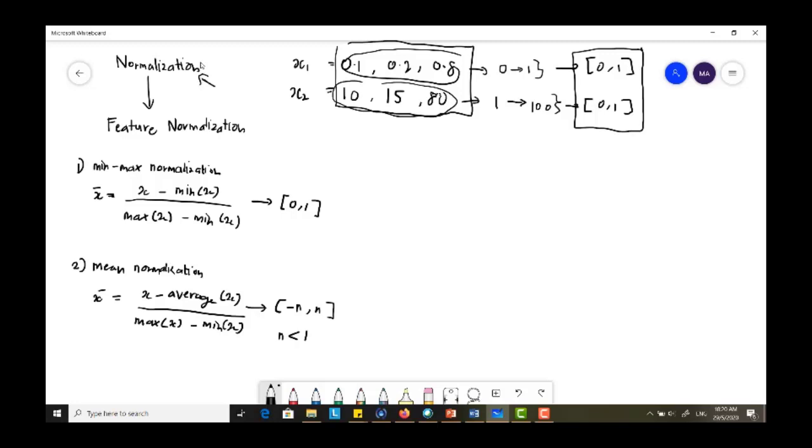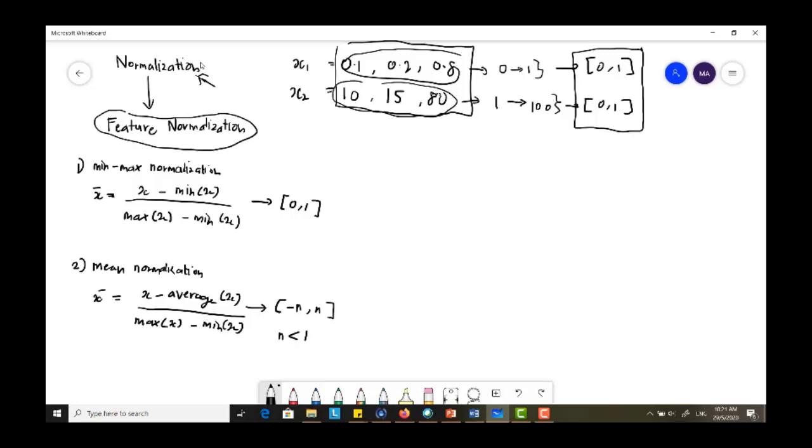now, in machine learning, normalization is always related to what we call feature normalization. I think the concept is similar. It is still talking about x1 and x2 in this example.